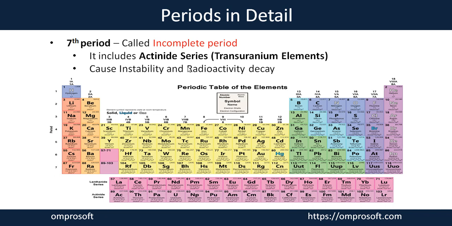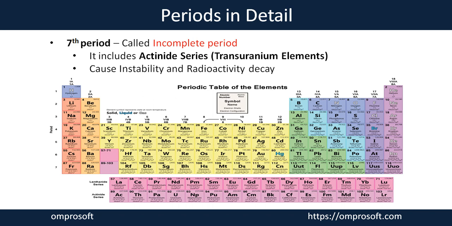In the actinide series, all the elements present are radioactive in nature. They are also called transuranium elements. Why? Because the atomic number of such elements is more than uranium, which is 92. That is why they are called transuranium elements.